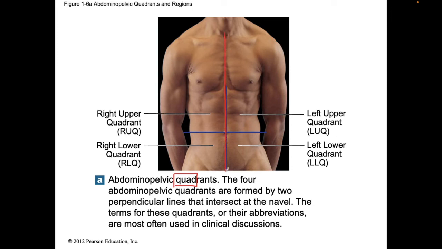We have this sagittal plane here, and then we have this line going horizontal to it, right through the umbilical region, and it divides into four different quadrants. There is a right upper quadrant, a right lower quadrant, a left upper quadrant, and a left lower quadrant.